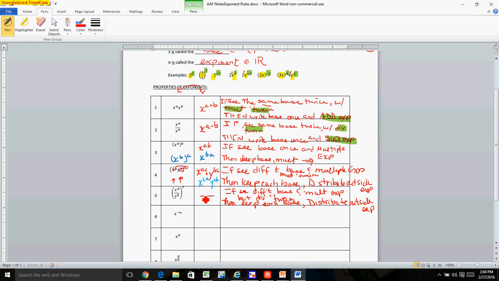Here I'm going to keep the division, and it's x to the AC over y to the BC. And then again, remember that if I see a fraction with a common exponent here, if I need to, I can pull that common exponent outside, right?